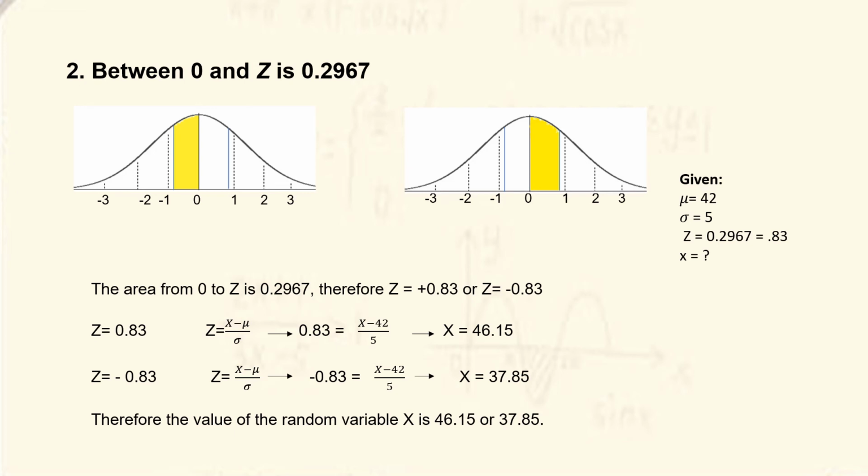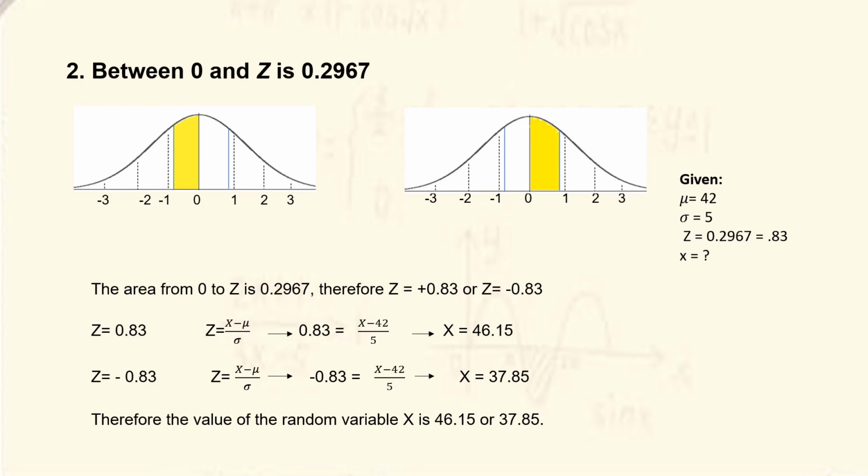If z is equal to 0.83, we will be using the formula of standard score and then substitute the given values. Z is equal to 0.83, so 0.83 is equal to x. X variable is written because x doesn't have a value yet. Minus 42 all over 5, or the population standard deviation, and the value of x, or the answer, is 46.15.